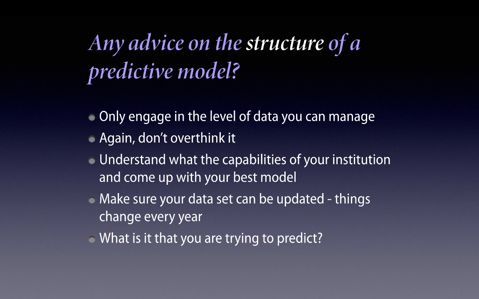Sometimes you'll have something as complicated as 200 variables, where certain variables are combined with others. This variable by itself is not very predictive, and this variable by itself is not very predictive, but measured together, they become a highly predictive variable.